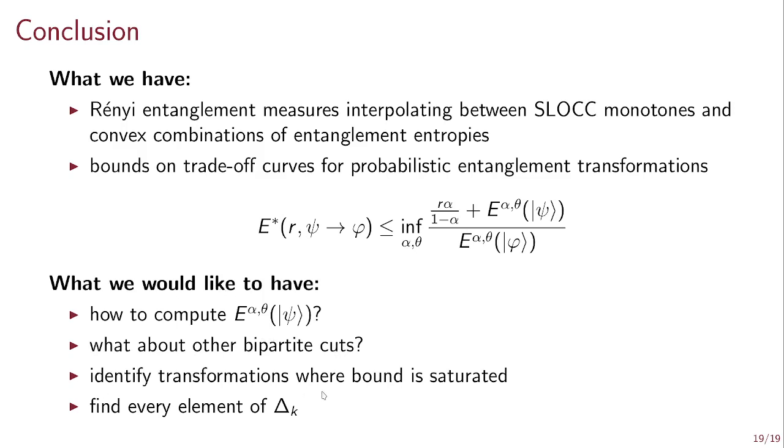Another interesting direction would be to look for constructions and particular instances of pairs of states where we have an equality here. So even though this subset might not be able to characterize the rate or the error exponent trade-off for all pairs of states, there might be specific pairs of states where it's actually sufficient to consider these quantities.